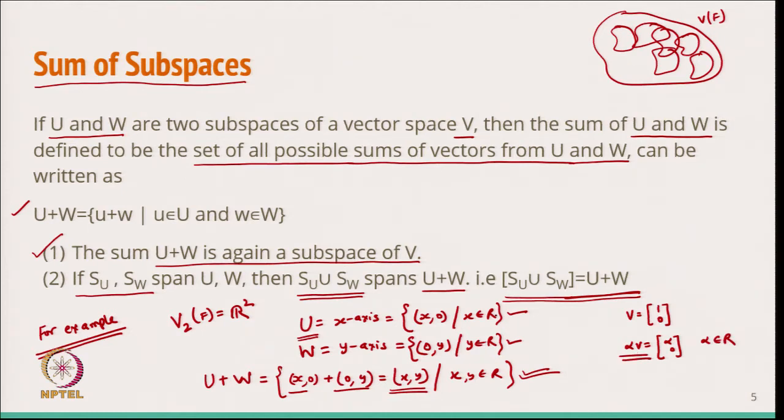All the elements will be the same, because I am just writing the vector in column form.